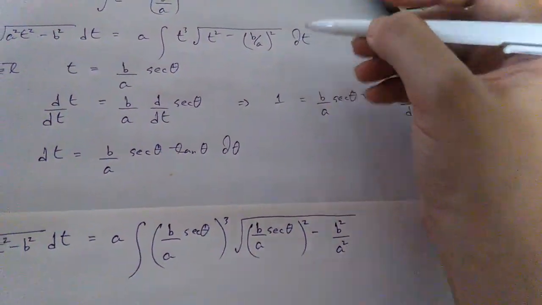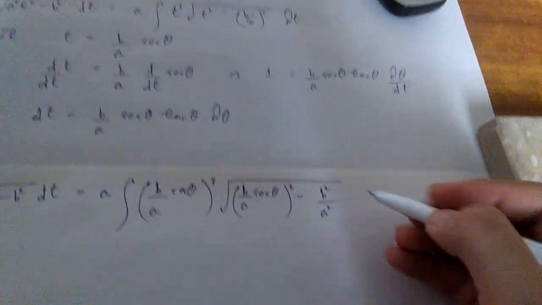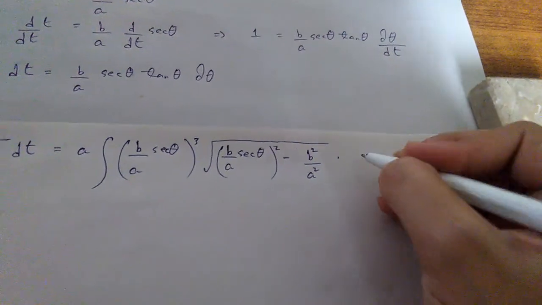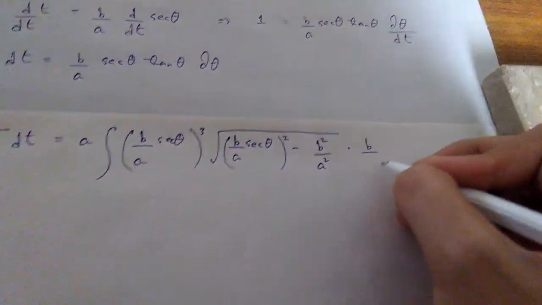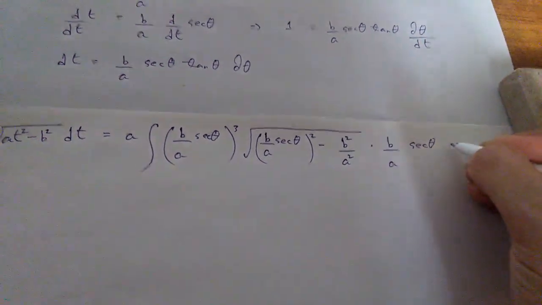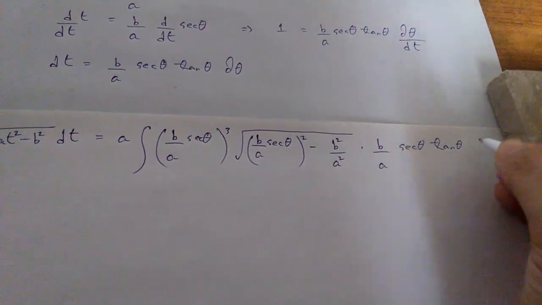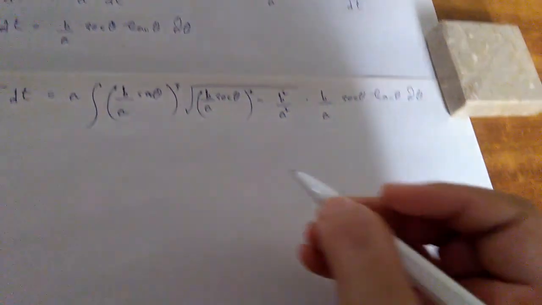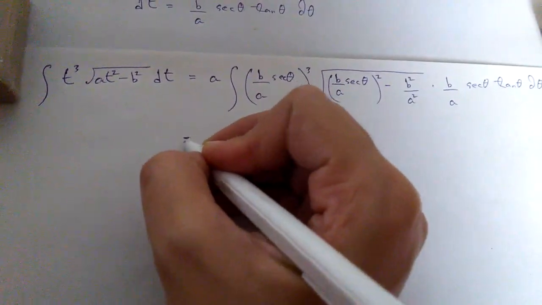And then at the place of my dt, I'm going to write down b upon a sec theta tan theta d theta. That's it.